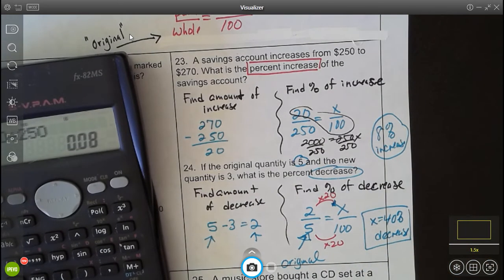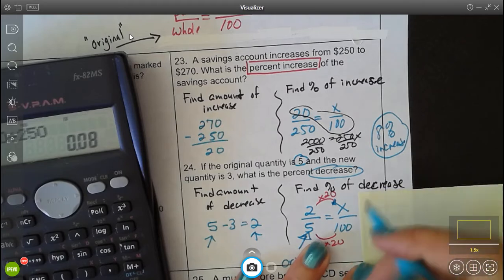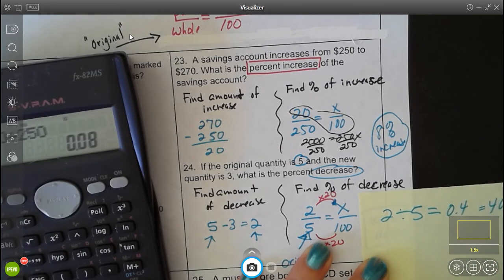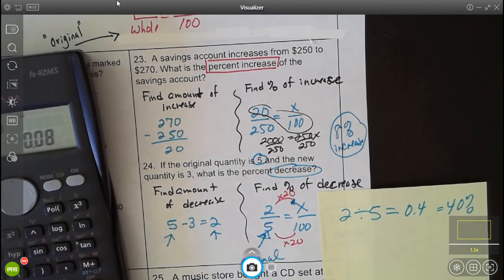If you do it on Digits, it's going to shortcut it. If you do question help, it's going to tell you just to do 2 divided by 5, which would get you 0.4, which is 40%. Works too. Okay. Replay if you need to.